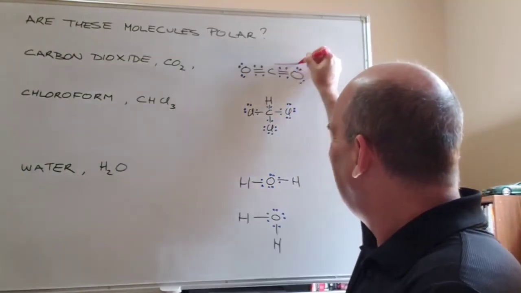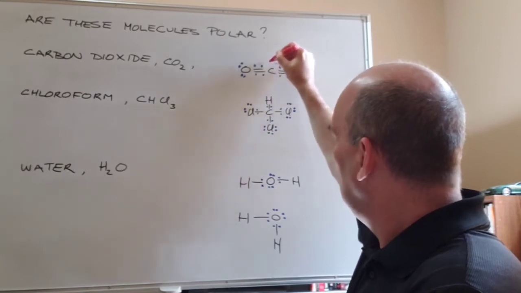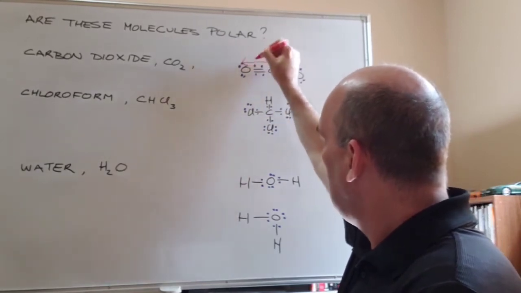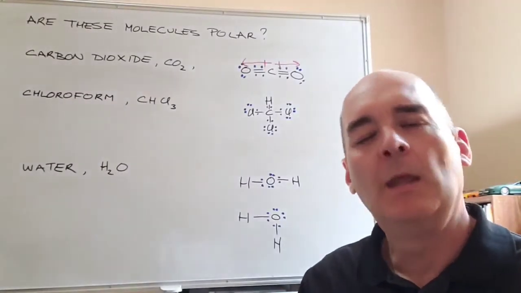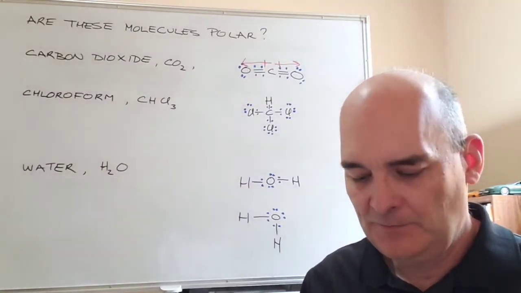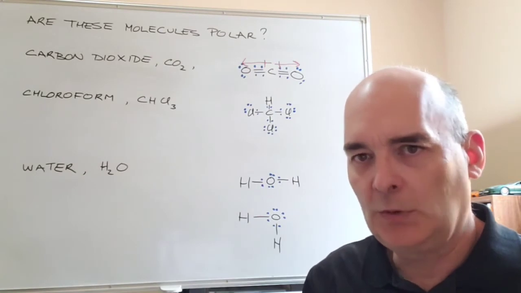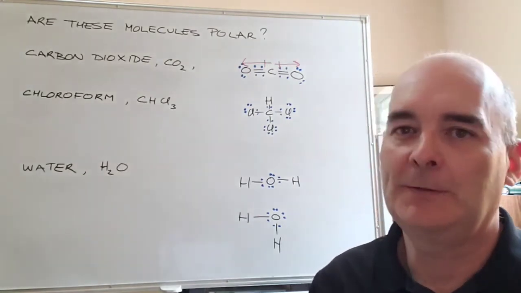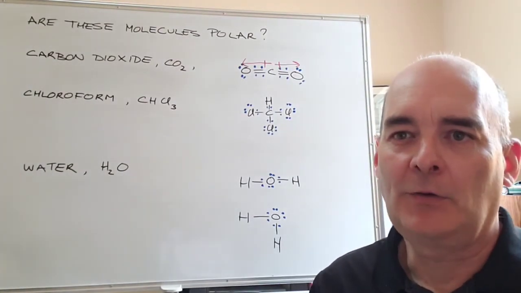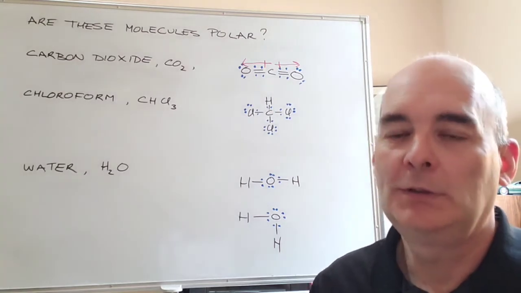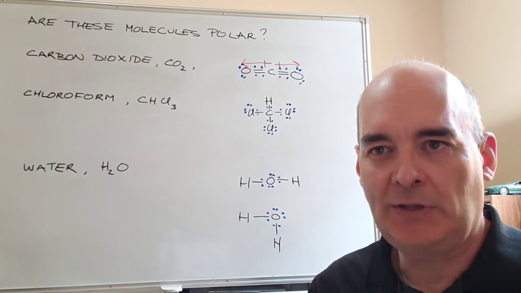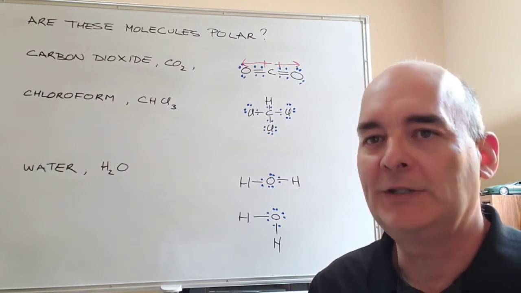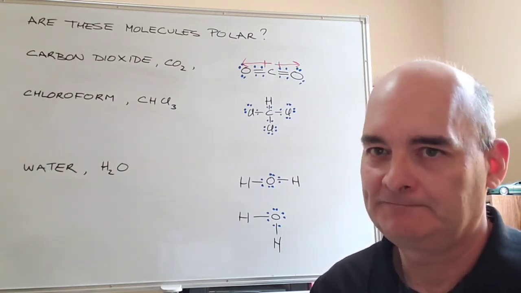Oxygen is electronegative, and so is pulling electrons away from that central carbon. But the oxygen on the other side is pulling equal and opposite to it. So carbon dioxide, although it has 2 polar bonds, those polarities cancel each other out, and that molecule is non-polar.